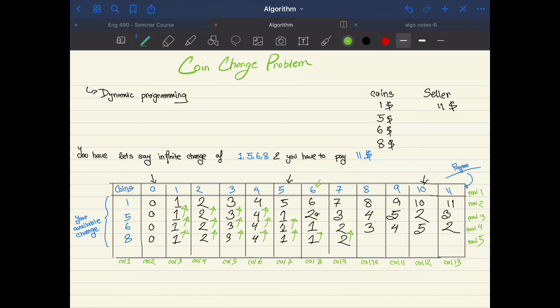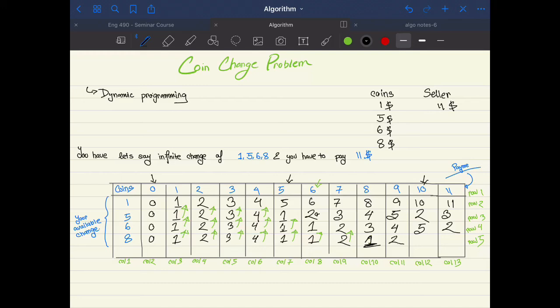5, and 6. So for this situation where the seller wants $8 from you and you have an $8 coin with you, we go 8 steps to the left: 1, 2, 3, 4, 5, 6, 7, 8, which is 0. That will be plus 1, which is 1. So we put 1 here. Then for 9, we put 2.